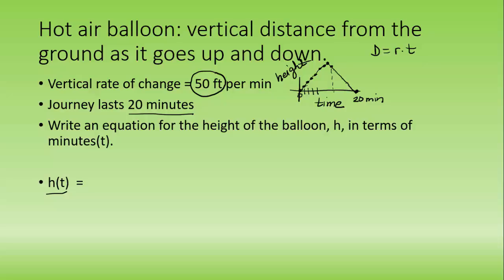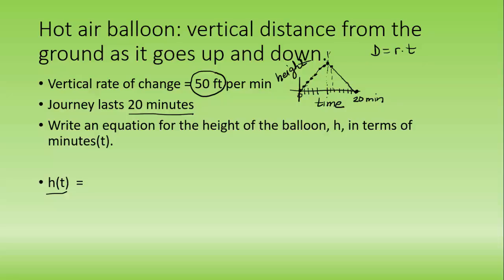Somehow, we have to get the vertical distance to increase and increase and increase until it gets here, and then decrease, decrease, decrease, all the way back down to 0. So this is related to the endpoint problems that we did previously.